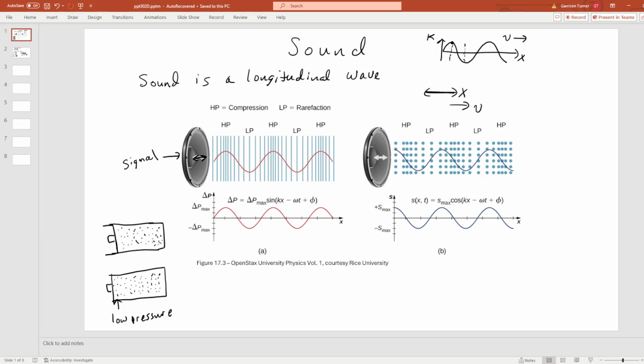But then, if we think of the plunger as the speaker cone, when the speaker cone pushes forward, it compresses the molecules immediately in that region and gives them a much higher density than the rest of the molecules that were dispersed throughout. So then you have a region of high pressure.